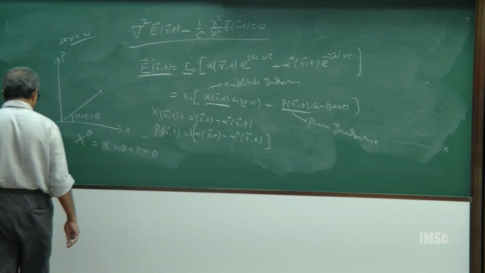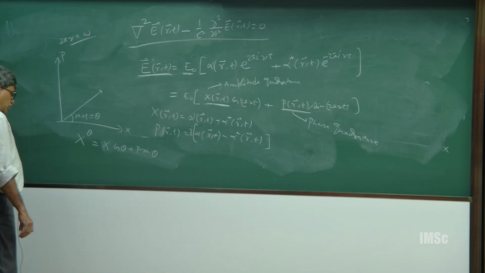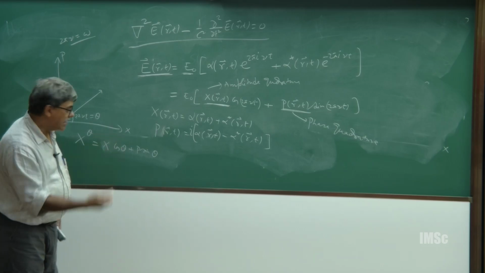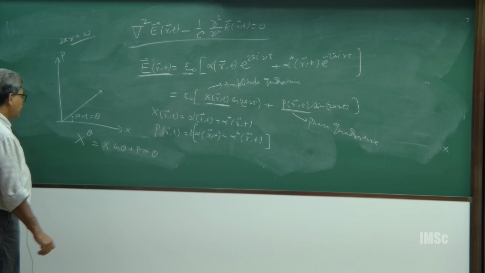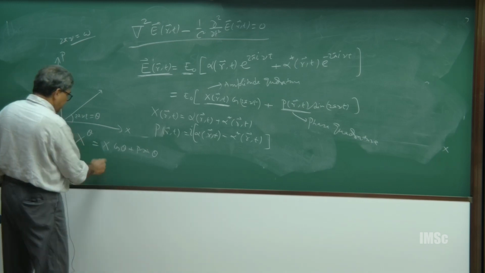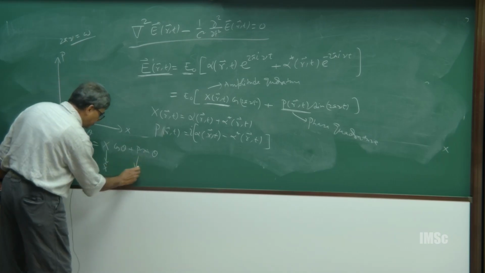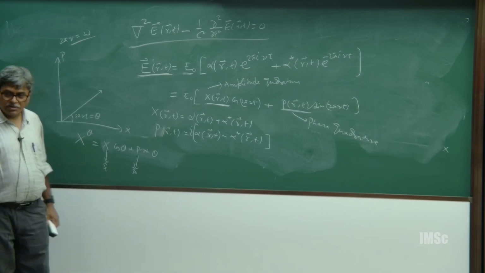Okay, good. So, in the quantum version of this formalism, what is it that we have done? Basically we have made this an operator and this an operator. Of course, I should be careful about the commutation relation.